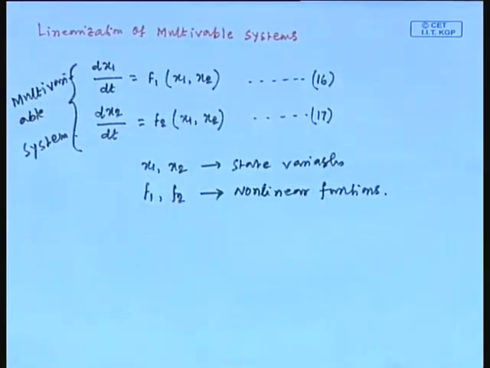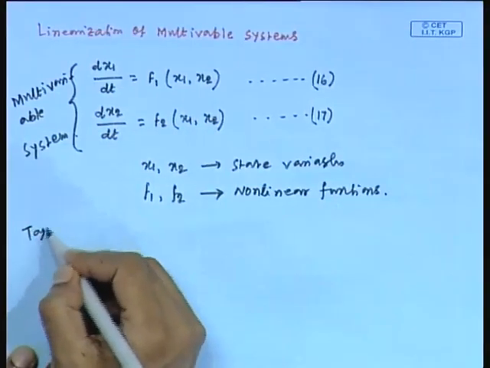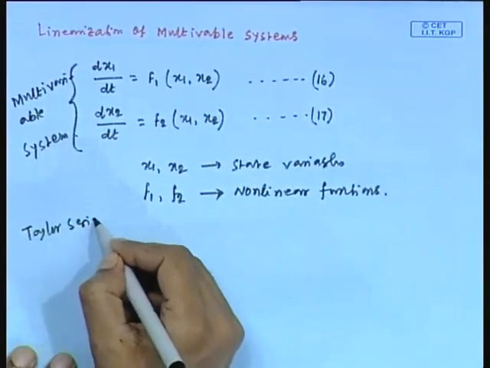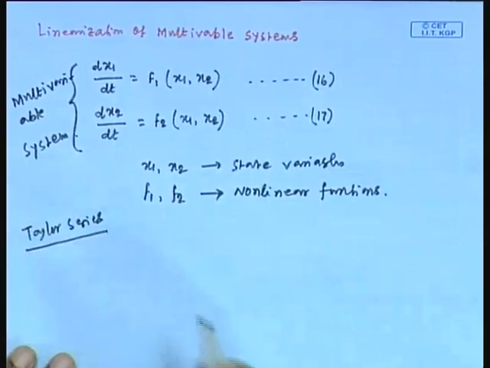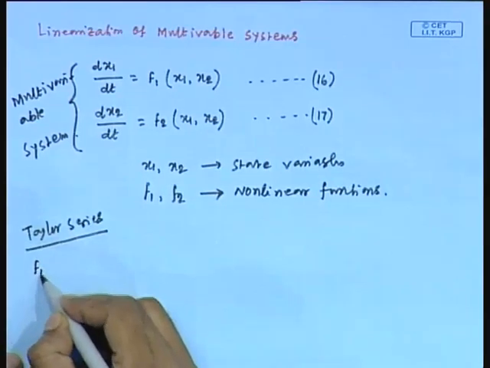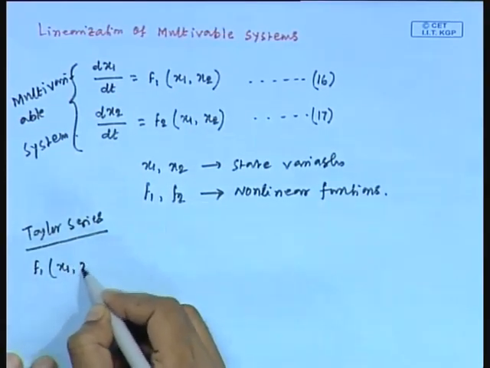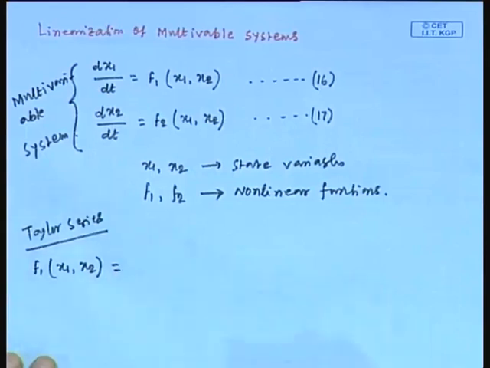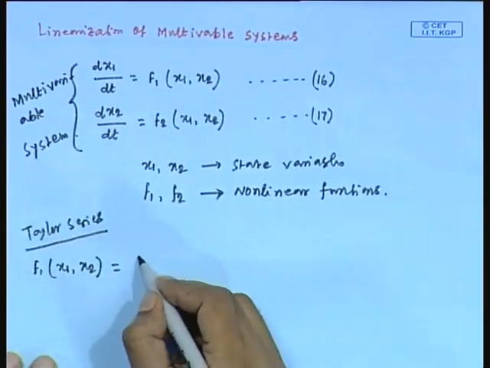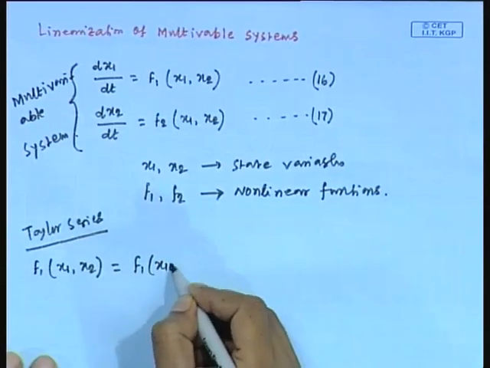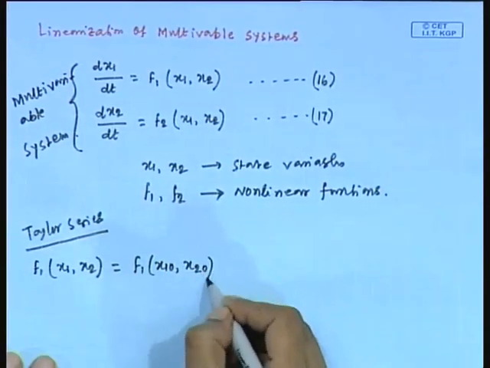Fine. So, what we need to do? We need to linearize these two nonlinear equations by the use of Taylor series. Now, according to Taylor series, what will be the linearized form of the first function, f1(x1, x2)? The first term will be f1 at x1 naught, x2 naught.